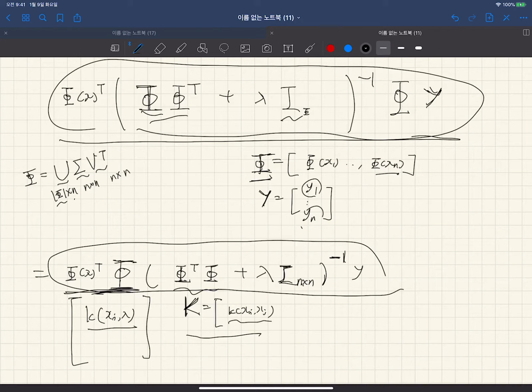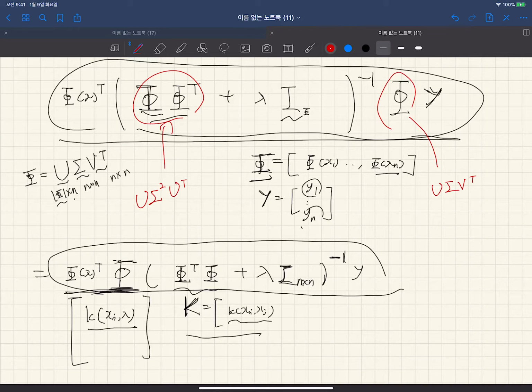Then what is this? This is U sigma square U transpose, and this is U sigma V transpose.